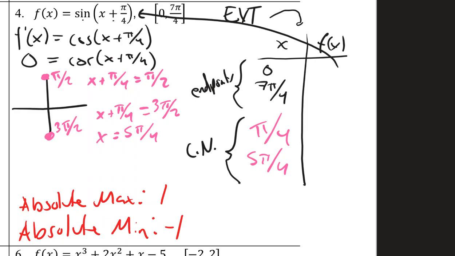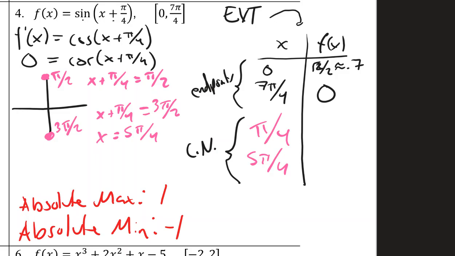The sine of pi over 4 is square root of 2 over 2, which as a decimal is about 0.7. If I plug in 7 pi over 4 and add pi over 4, that's 8 pi over 4, which reduces to 2 pi. The sine of 2 pi is 0. If I plug in pi over 4 and add pi over 4, that's pi over 2.